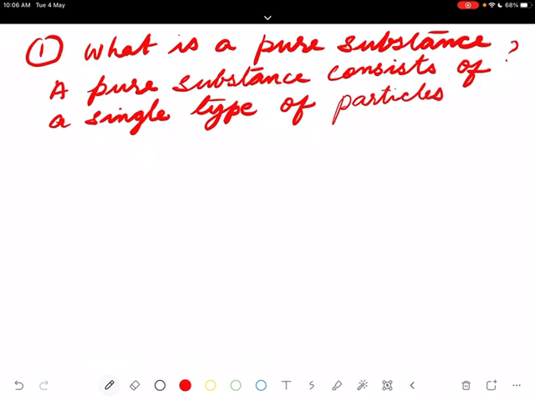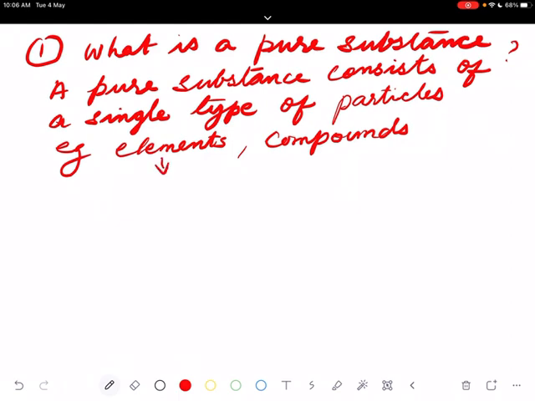Examples: elements, compounds. Elements: iron. Compounds: water.